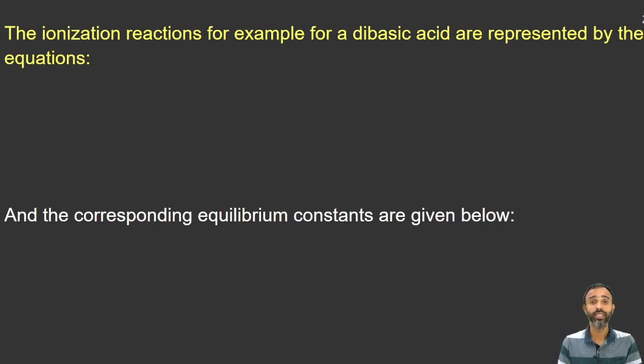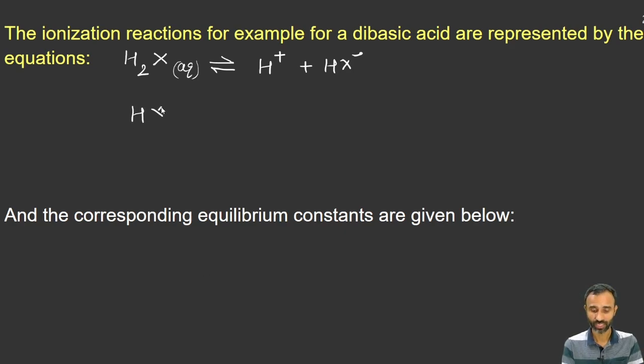Now, if we see the ionization reactions for a dibasic acid, like we have H2X. So H2X, in aqueous solution, first gives one H plus ion and HX negative, then HX negative aqueous gives H plus and X2 negative.